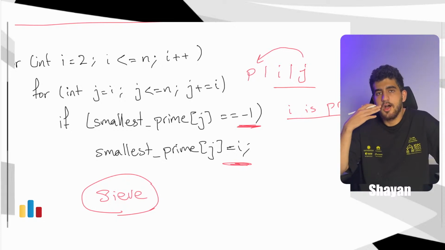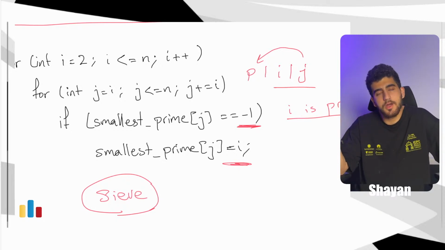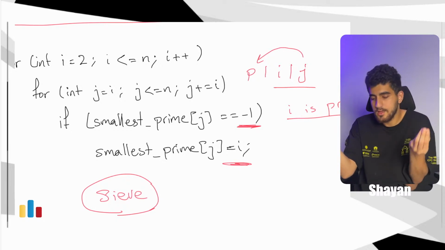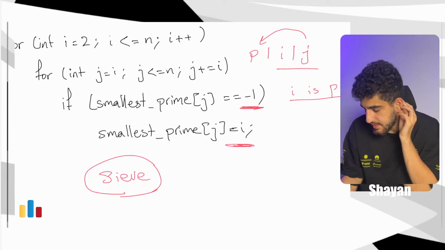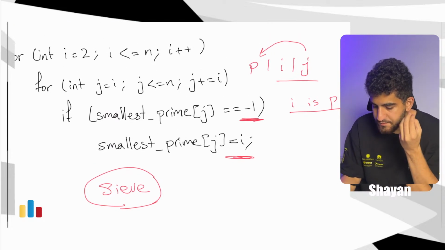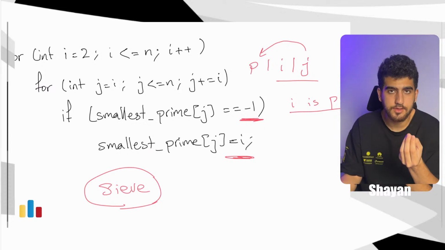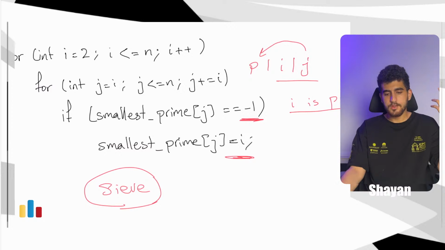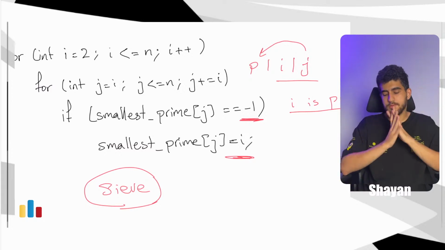So definitely i is the smallest factor of j, and when it is the smallest factor of j, it is also the smallest prime factor of j, because if it was not prime, then it has a divisor that would also divide j. So we can easily say that i is the first divisor of j that we found so far. So it's the smallest prime factor of j. So we can use it to find the smallest prime factor of each number.